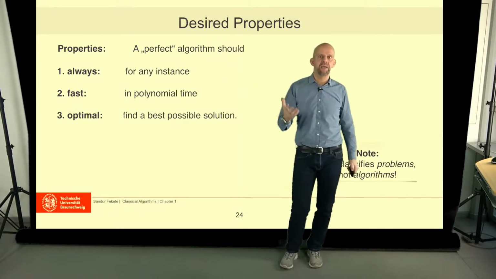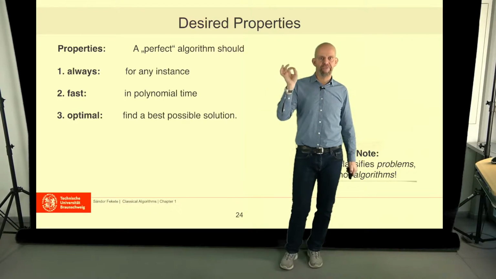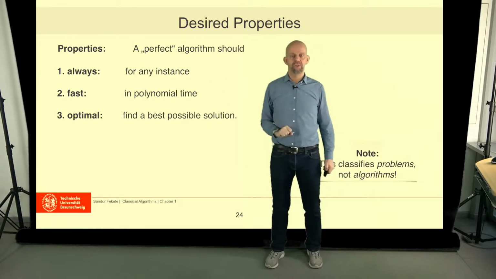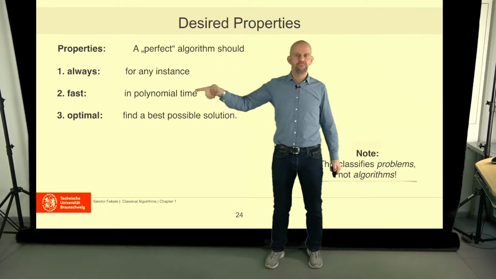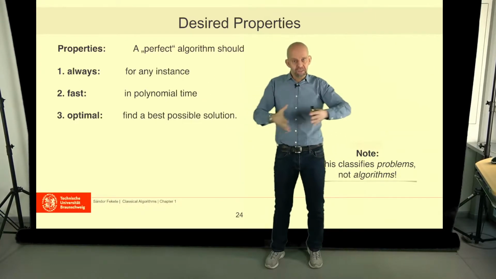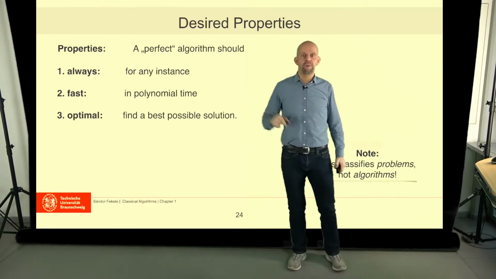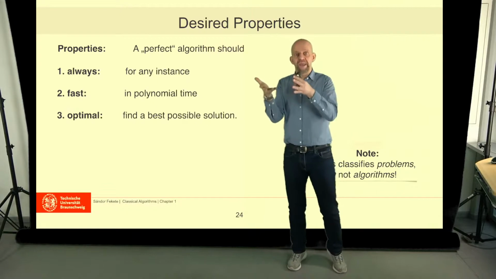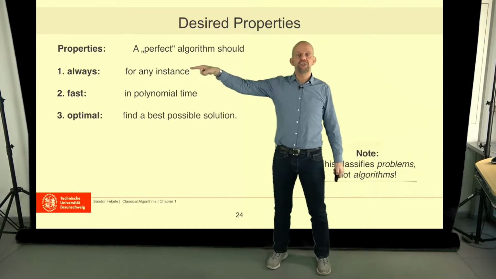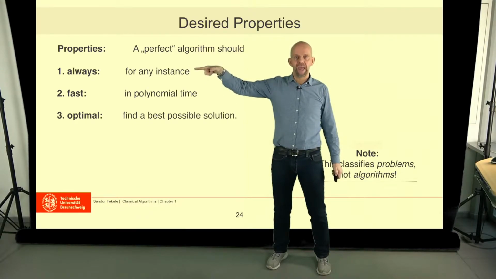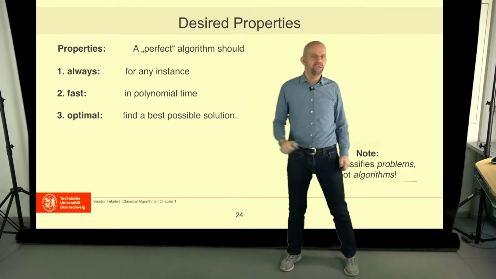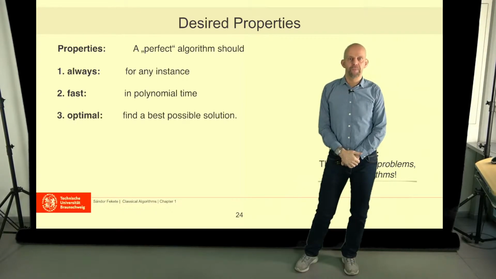So when you scale up the problem size by a factor of 2, by how much does this go up? When it's a polynomial, then when you double the size of your input, this will go up by some constant, 2 to the k, where k is the power of this polynomial. And not just once in a while when you're lucky, but all the time, and not just some solution, but the best.